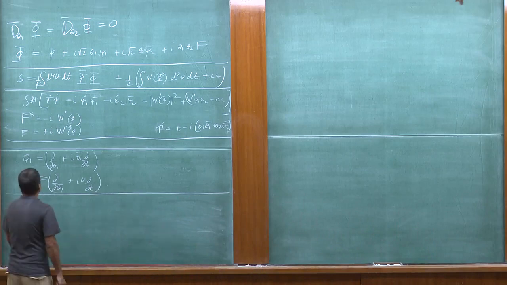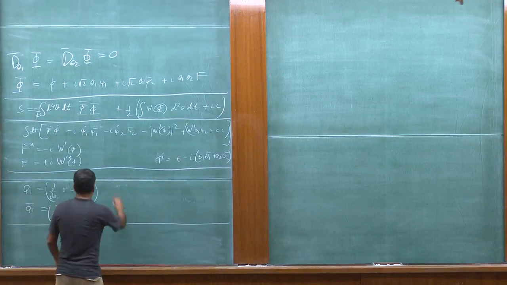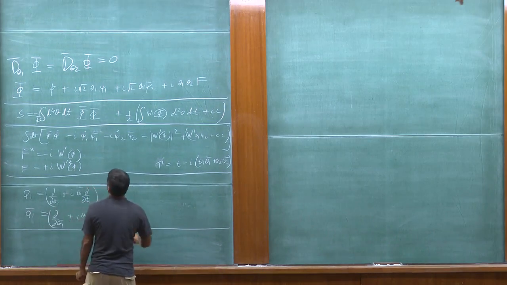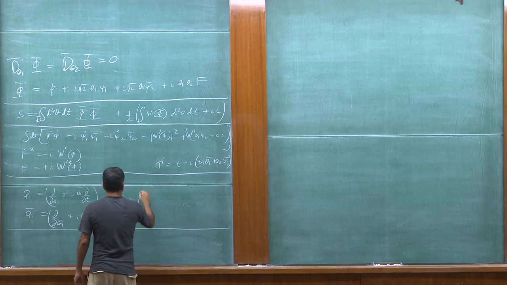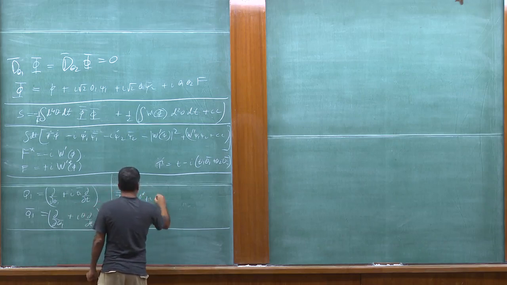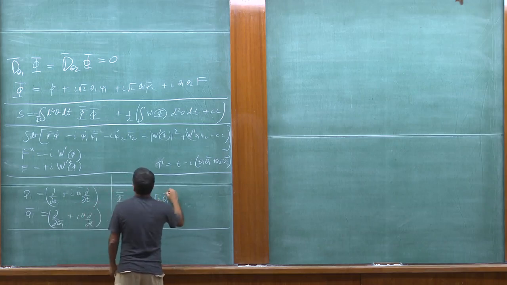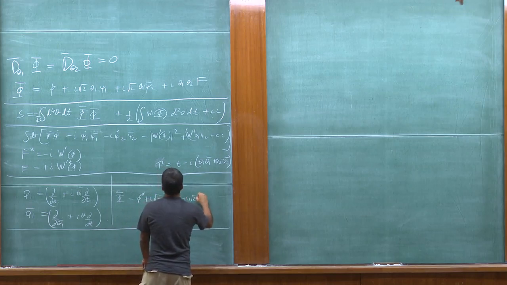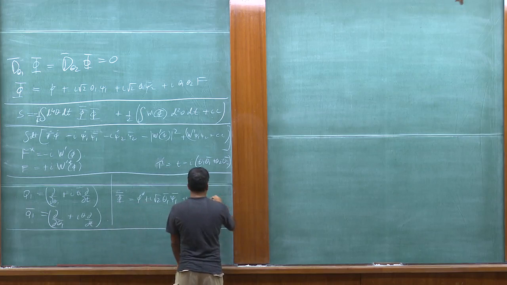Sorry, I should have written here in this list of results, there was also phi bar equal to phi star plus i square root 2 theta 1 bar psi 1 bar plus i square root 2 theta 2 bar psi 2 bar plus i theta 1 bar theta 2 bar F bar.